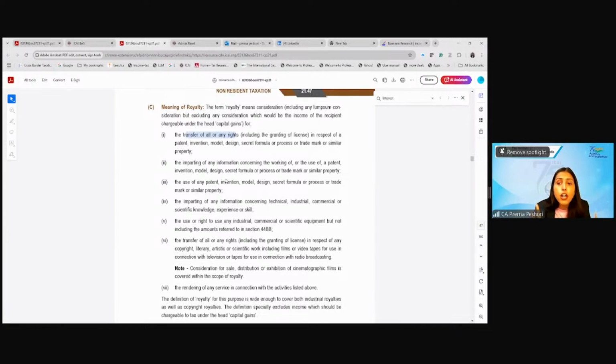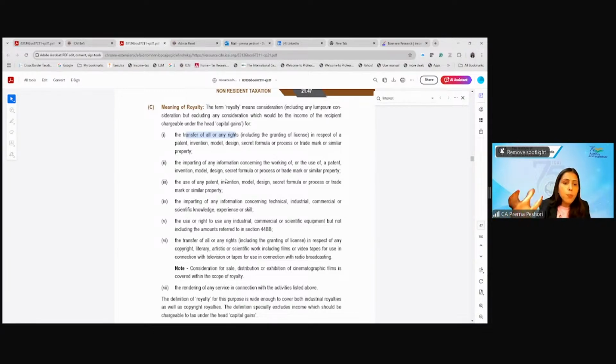You are paying for a copyrighted product and not as a royalty for a copyright. Copyright meaning that I have a right to modify that product, or I have a right in the code of that product. Has Microsoft given you the code of how it has written MS Office? Answer is no. You are getting a product to use. So that is not a copyright. That is the sale of a product.